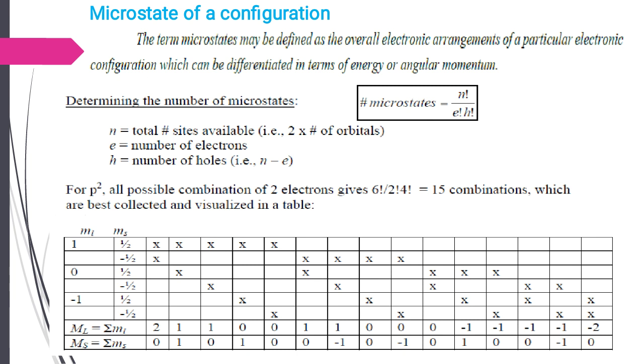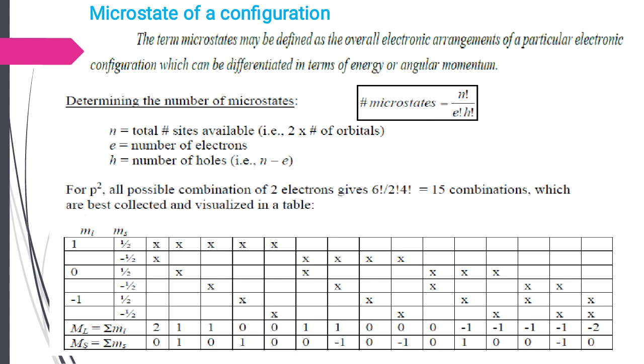All possible combinations of 2 electrons give 6 factorial, since the p orbital has a maximum of 6 electrons, divided by e factorial, that is 2 factorial, and 4 factorial, that is n minus e, 6 minus 2 equals 4. If we simplify that, we get 15 combinations.